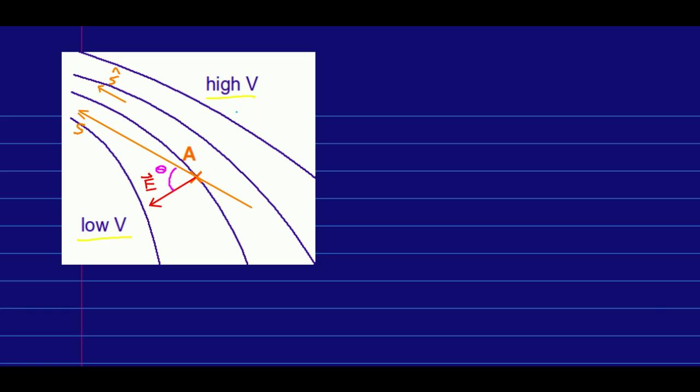And we will now imagine taking a charge from A and moving it some small distance, which I will call delta S along here. And so this is the delta S vector pointing along the S-axis.